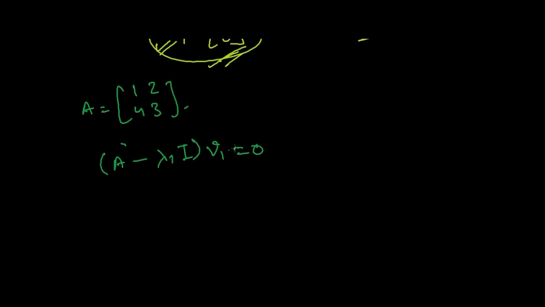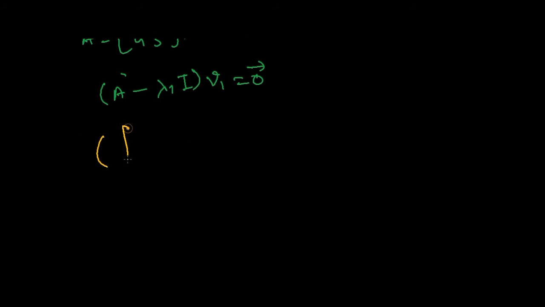Here we have matrix A as [[1, 2], [4, 3]], and we need to solve the system of equations A minus lambda I times v1 equals 0, where this 0 is a zero vector.